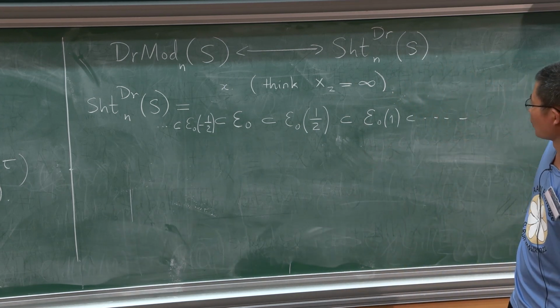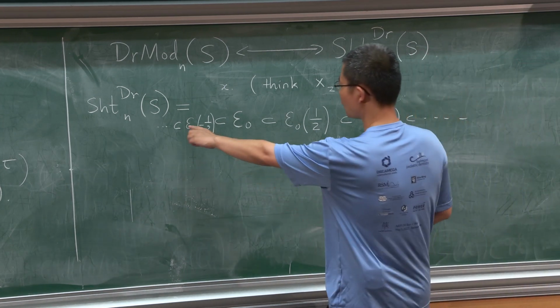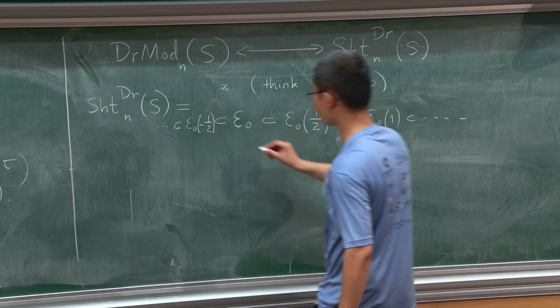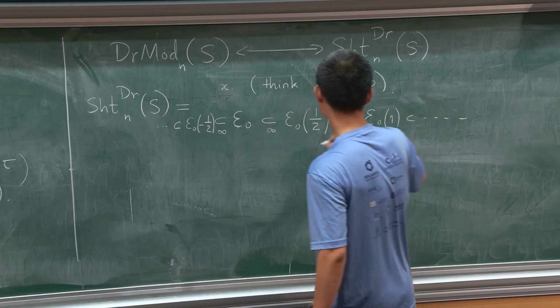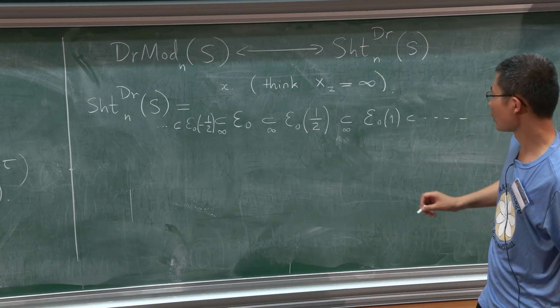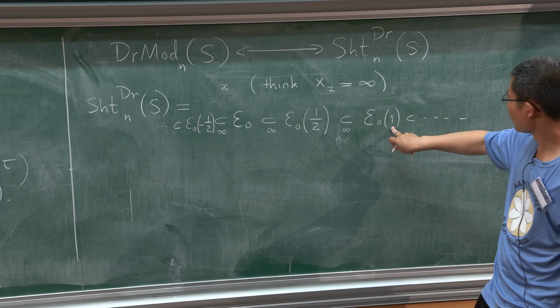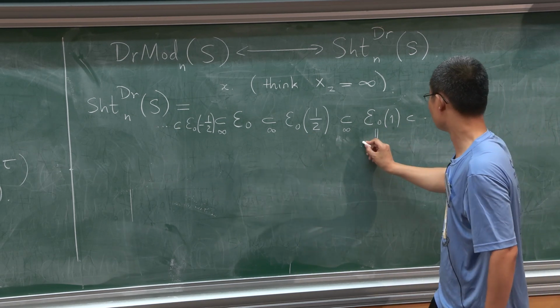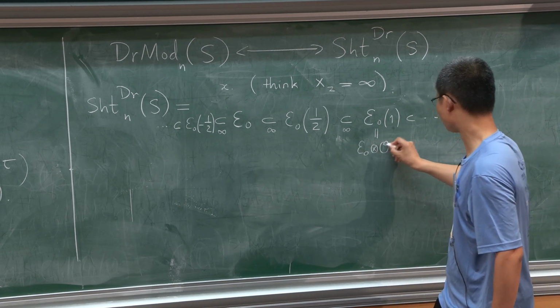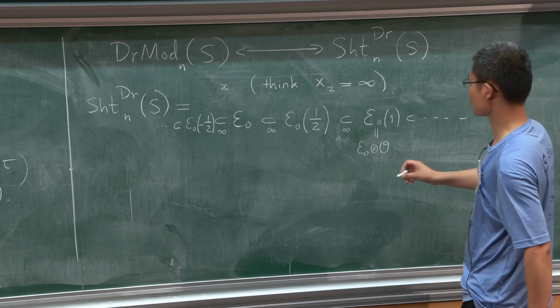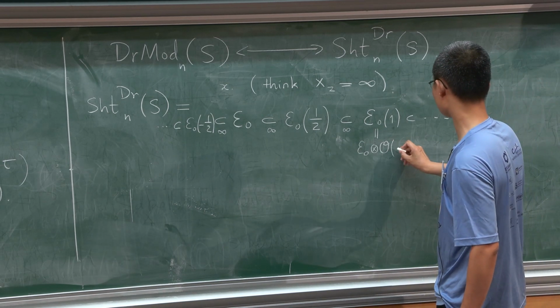So this is a chain of bundles where all the differences are at infinity. Okay, and this is a periodic chain, meaning this bracket 1 is really the original bundle where you allow sections to have a simple pole at infinity.